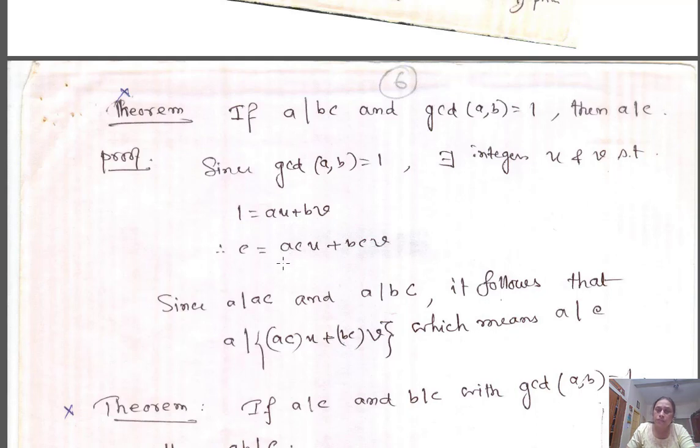Now A divides BC, it is given, and A always divides AC. So A divides C. This way you can prove it, just a one or two line proof, simply using Bezout's identity.